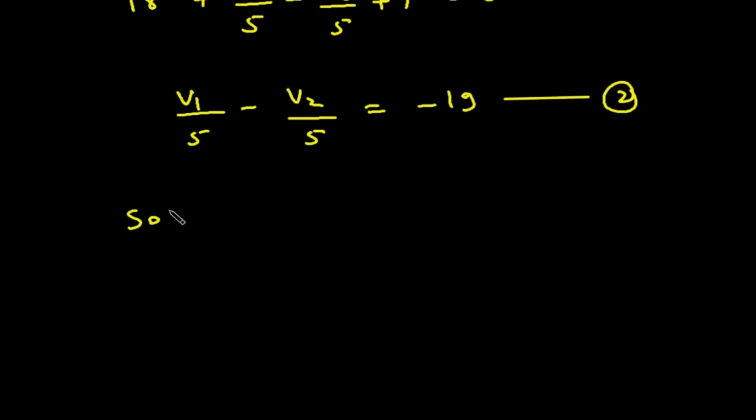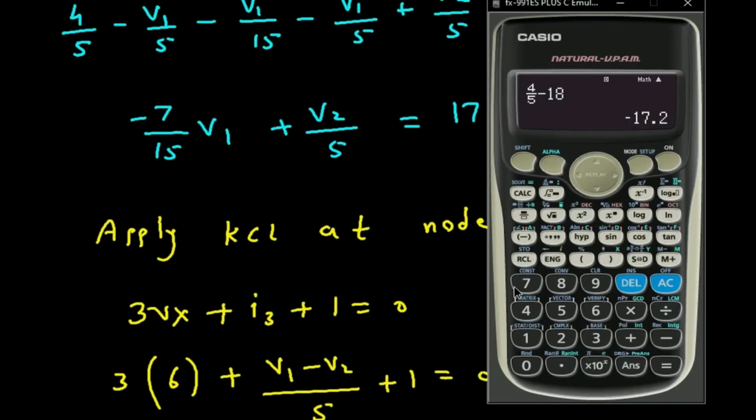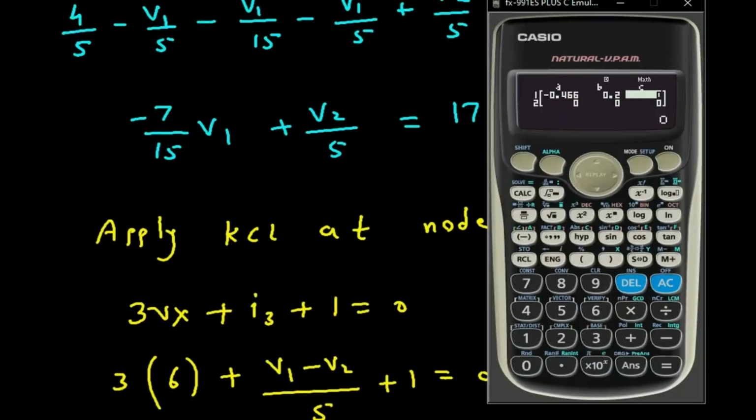Now solving equation 1 and 2, we get minus 7 by 15, 1 by 5, and this will be 17.2.